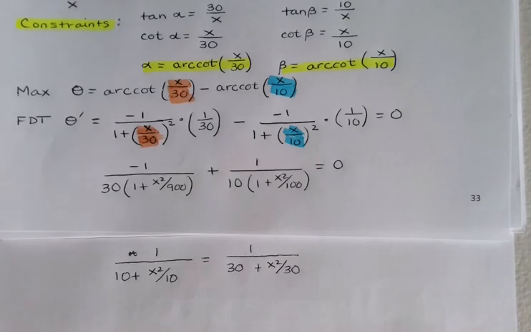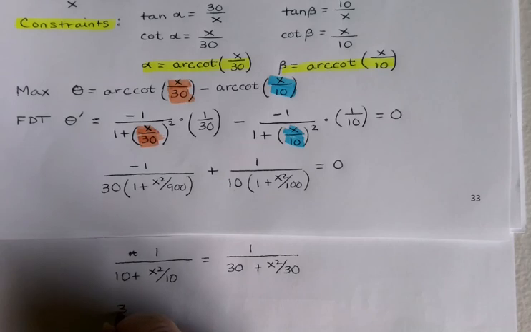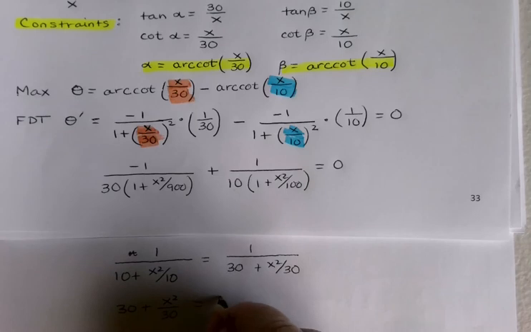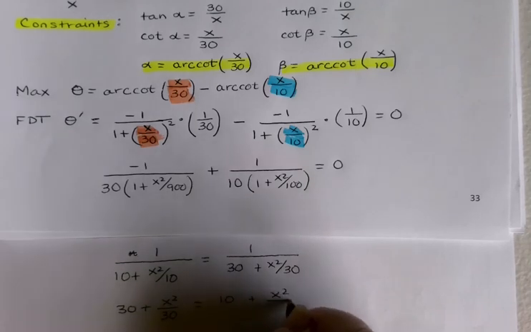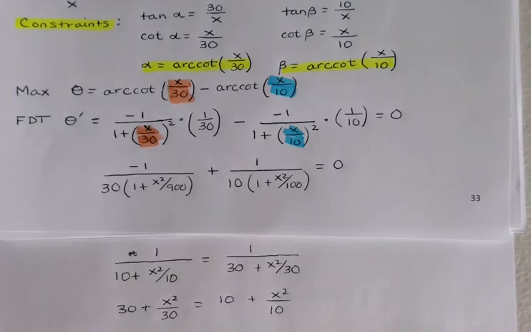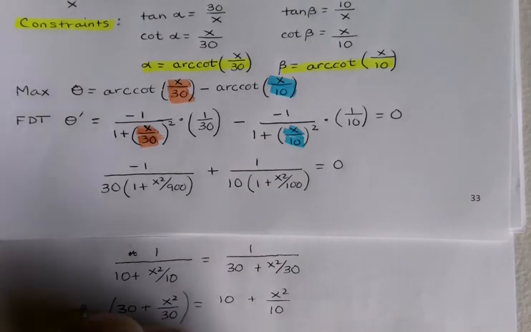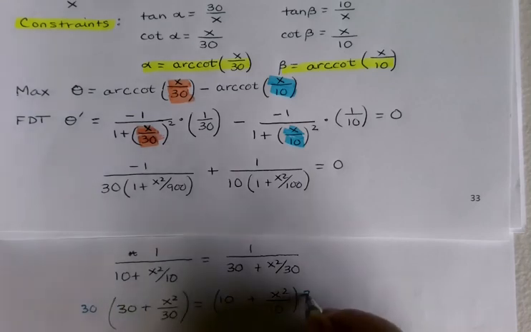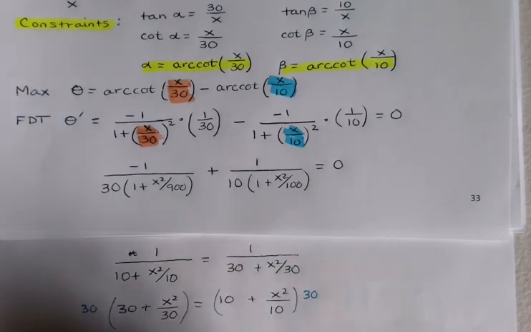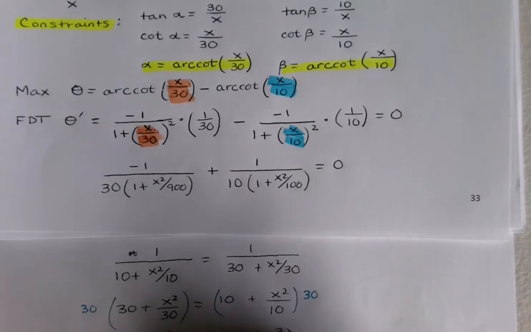And I'm just going to clear the fractions, multiply both sides by the common denominator, which in this case basically is just cross-multiplying. So I'll get 30 plus x squared over 30 equals 10 plus x squared over 10. And I'd still like to kind of clear my fractions, so I'm going to multiply both sides by 30. 900 plus x squared equals 300 plus 3x squared.